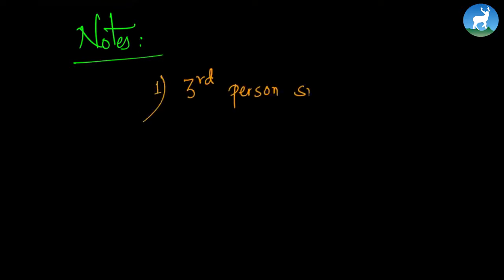Alright, a brief note on simple present tense before I quickly summarize what we have learned. The first thing you should be very watchful about is that with third person singular, you should add the letter S to the verb. For example, you should write he wants, not he want. So remember the form.